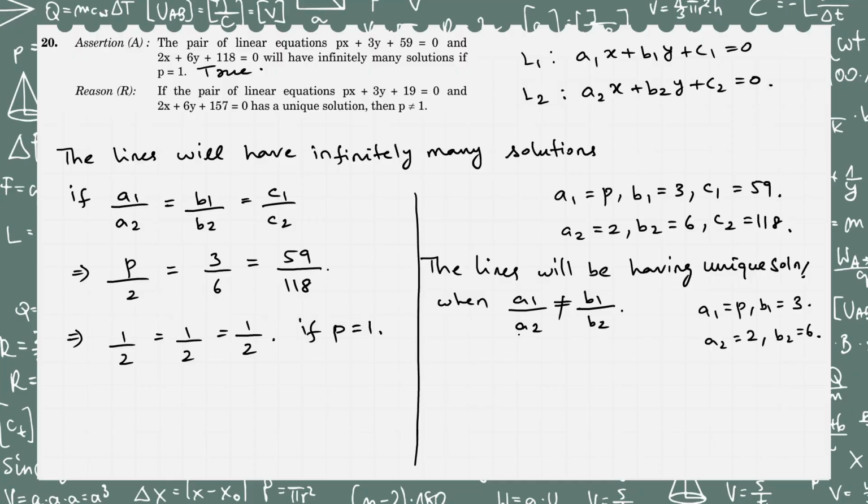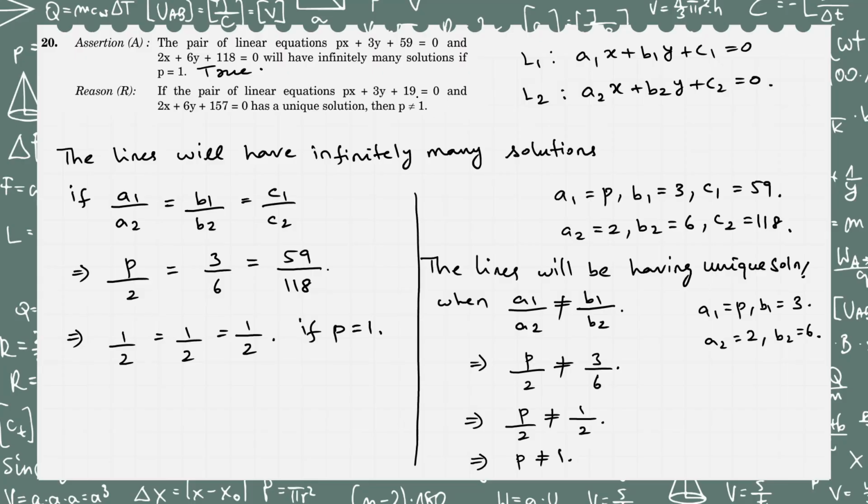So, now when we put the values in this, we will have p by 2 not equal to 3 by 6, that implies p by 2 not equal to 1 by 2. When we multiply both sides with 2, we should get p not equal to 1. That is the given condition.